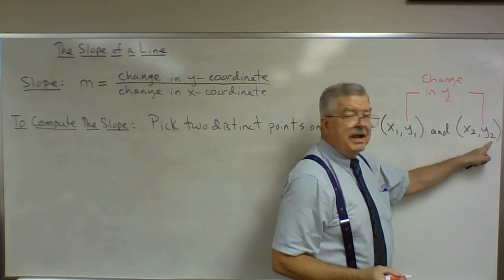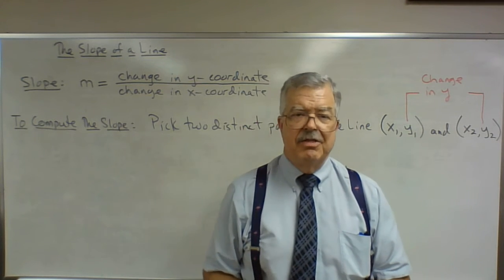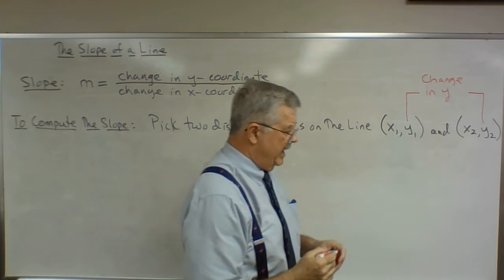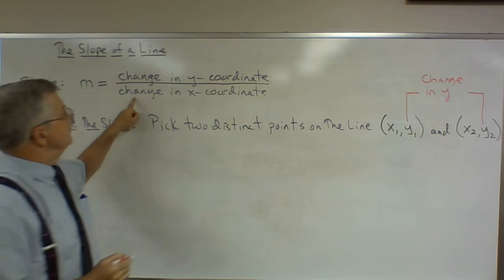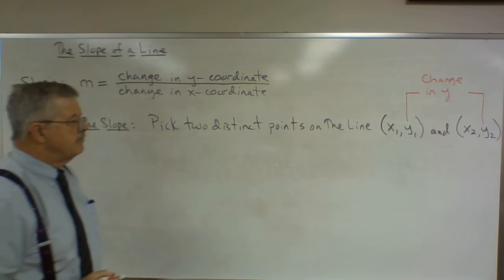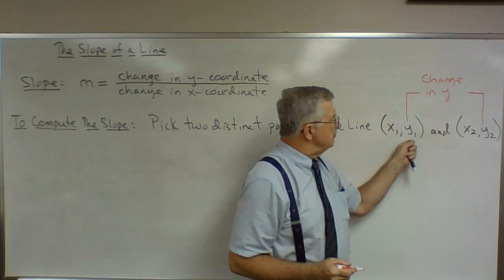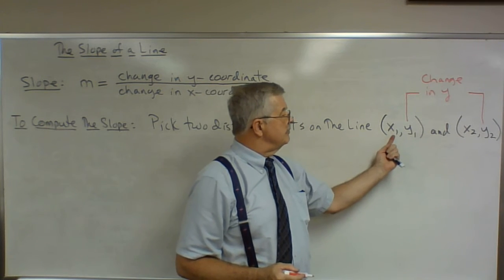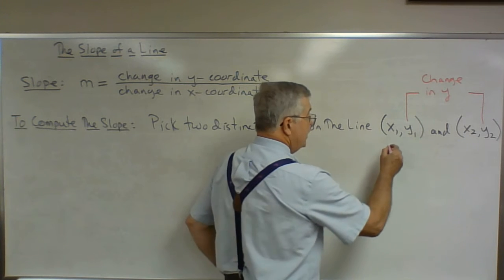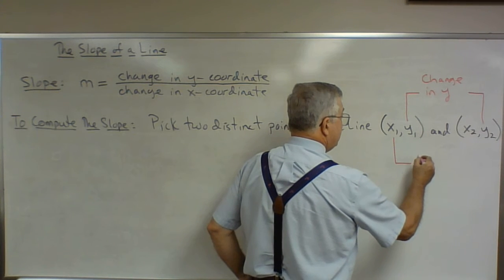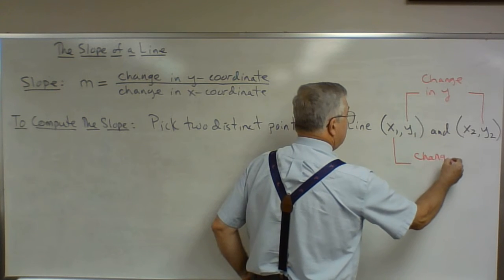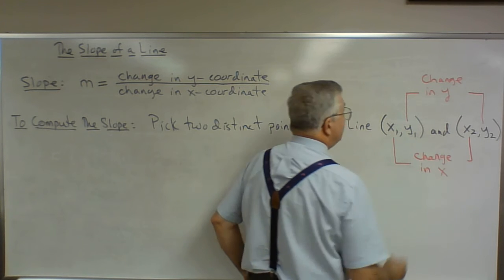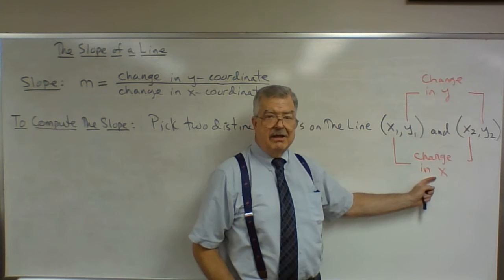So y1 and y2 are going to give us the change in the y coordinate as we move from this point to this point along the graph. And what about the change in the x coordinate? As we move from this point to this point on the graph, the x coordinate changes from x1 to x2. So we use these two values, x1 and x2, to get the change in the x coordinate.